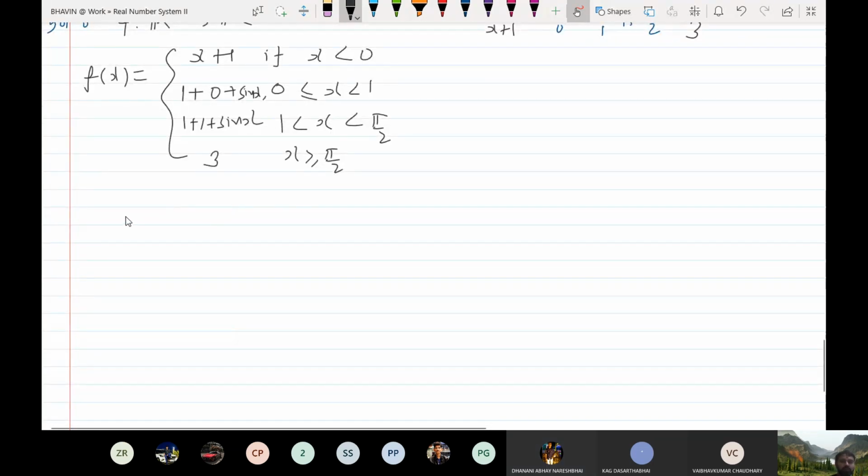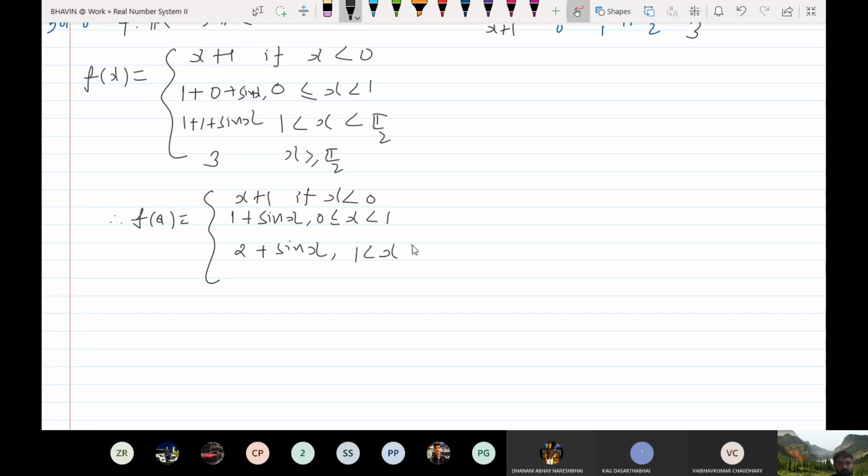So therefore f is defined in this way. And 3.